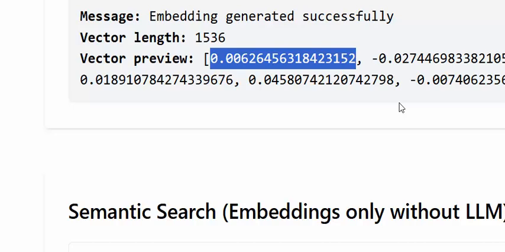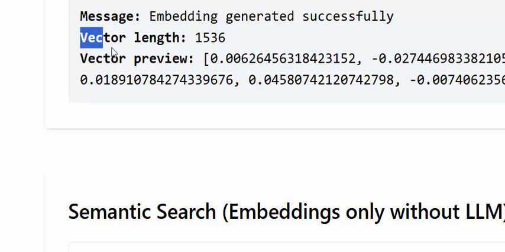And this data we ask, by the way, for the vector length. You see, the vector length is 1536. Every embedding vector is an array with 1536 numbers.